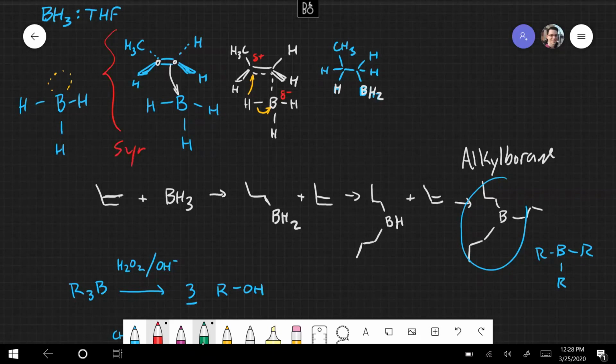This is called syn addition. For the most part, anti or syn doesn't really make a difference in the final molecule. After all, this molecule that forms, propanol, is not a chiral molecule anyway. But when we're talking about rings, it could affect a chiral center. So note that this is syn addition.